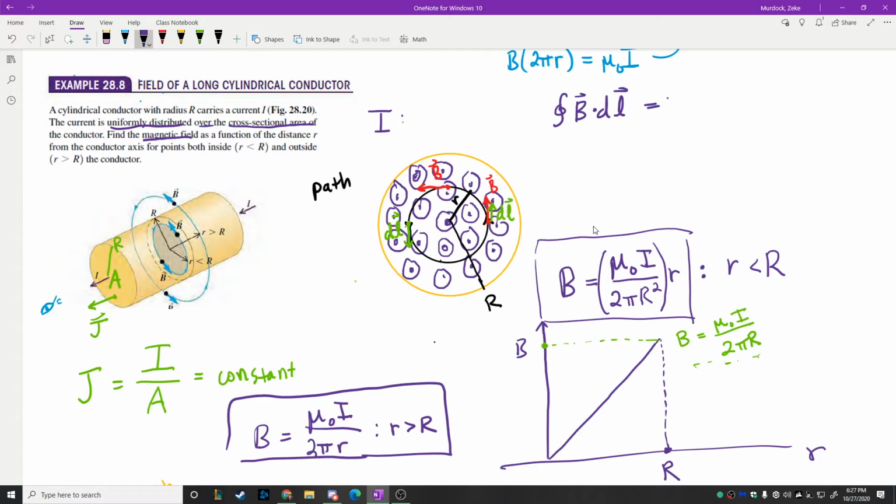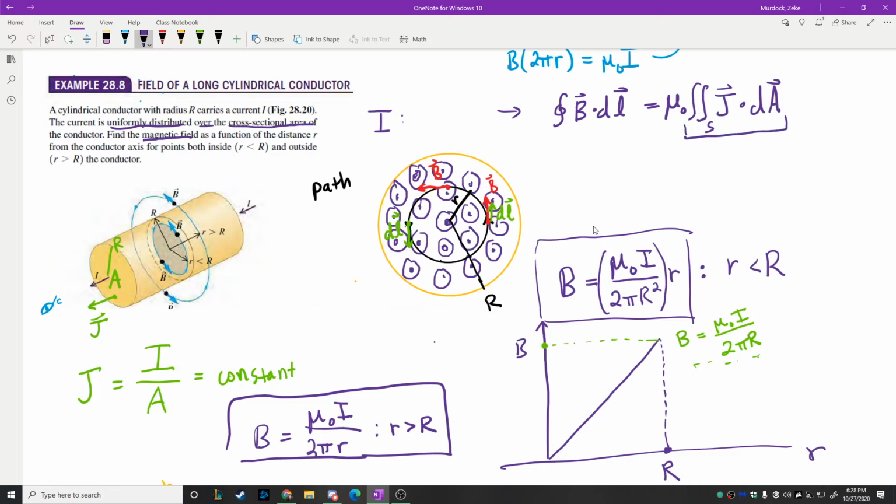On the right-hand side, you still have mu naught, but instead of writing I enclosed, you do a surface integral of the current density J dotted with dA. I want to show you how you get the same answer both ways, but this is your more general version of Ampere's law, basically. You change I enclosed to this piece right here.